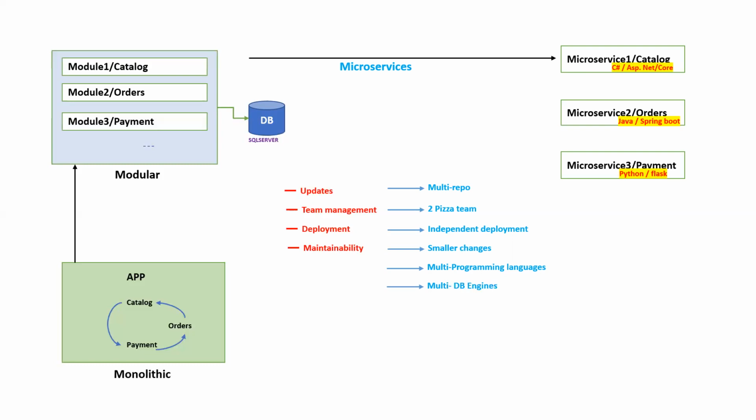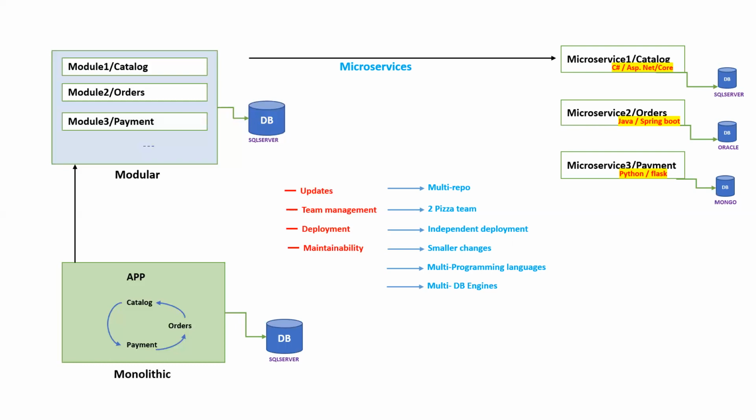And the next one is multiple DB engines. With modular and monolithic architecture, we definitely go with one or two databases, right? Not more than two, because it's a tightly coupled, highly cohesive architecture. When it comes to microservices, I may develop one service in SQL Server, a second service in Oracle, and a third service in Mongo.